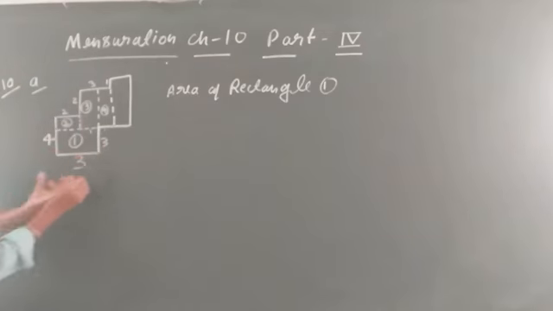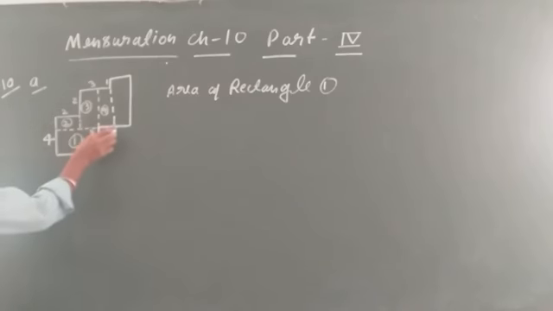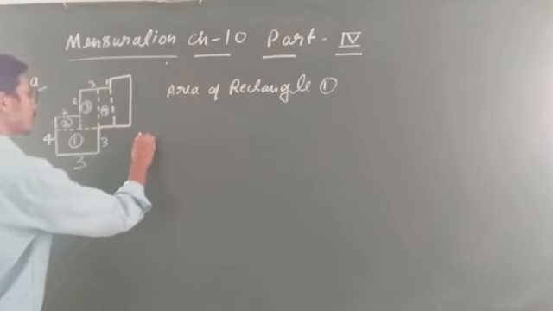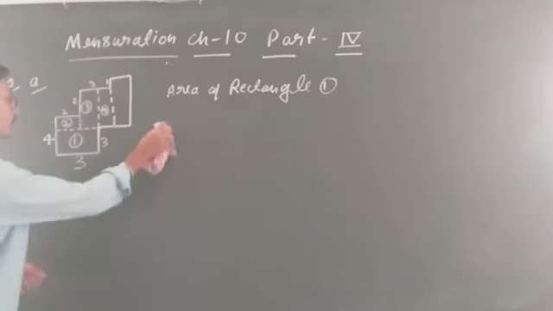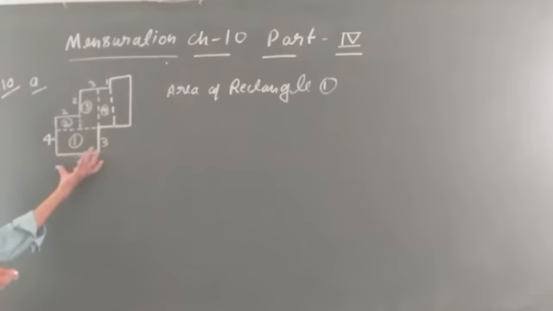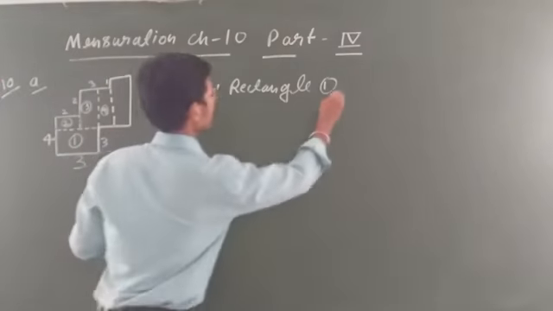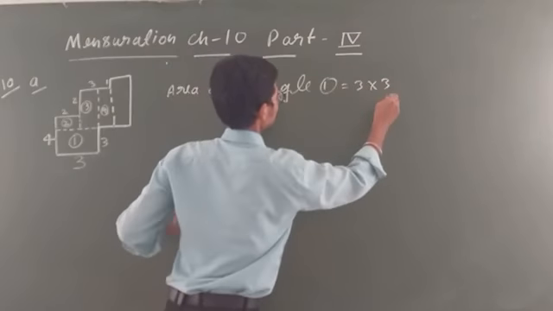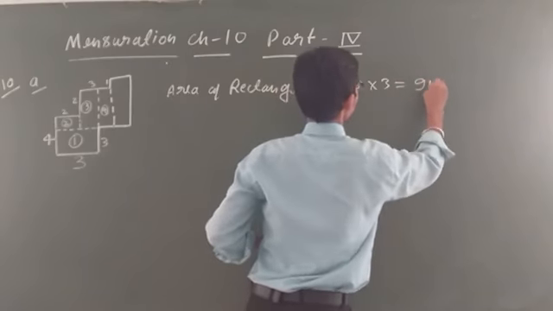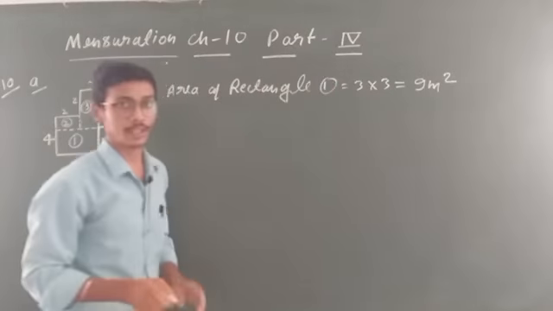And this 3 means this one. Clear? So you have to find out the area of rectangle 1. Here it is 10. So length is given 3, breadth is also given 3. You will not take 4 because 4 is the total length. Clear? So now 3 into 3, and this will come to 9 meter square. Clear, student?